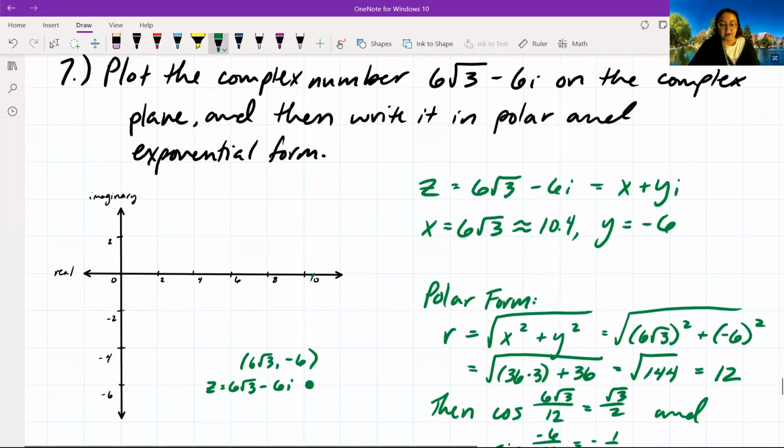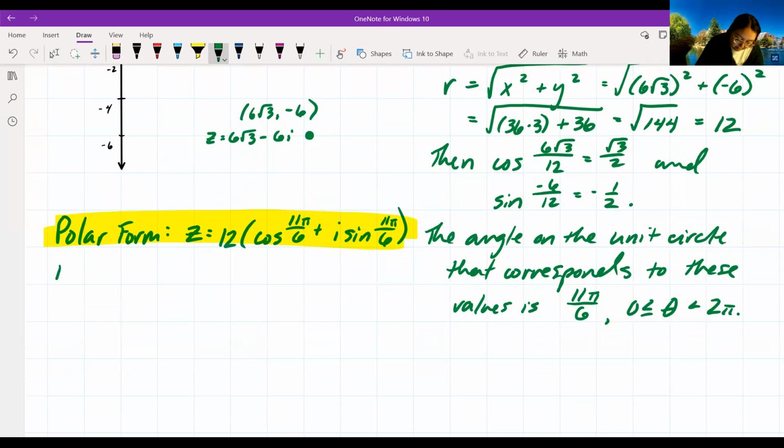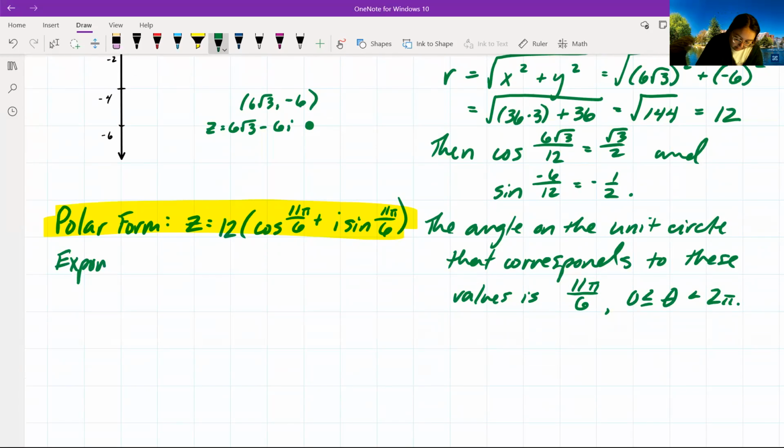And now remember we want to write our exponential form as well. Writing our exponential form is now fairly easy since we already know what theta and r are. Our exponential form is just stated as z is equal to r times e to the power of i times theta.